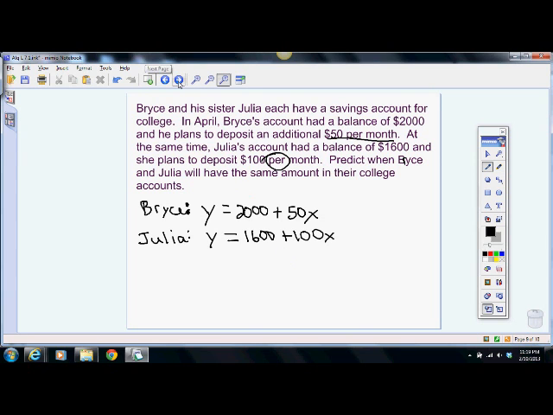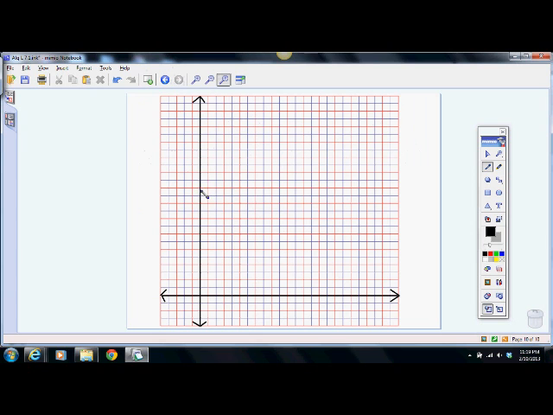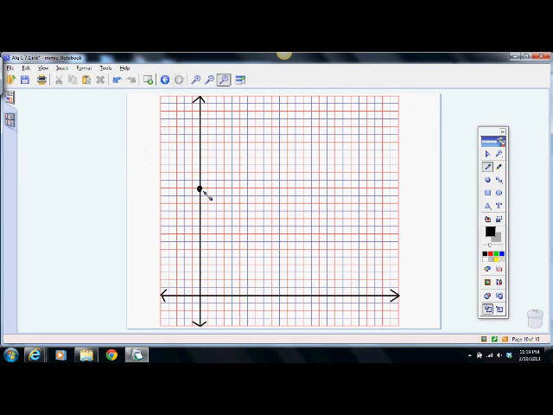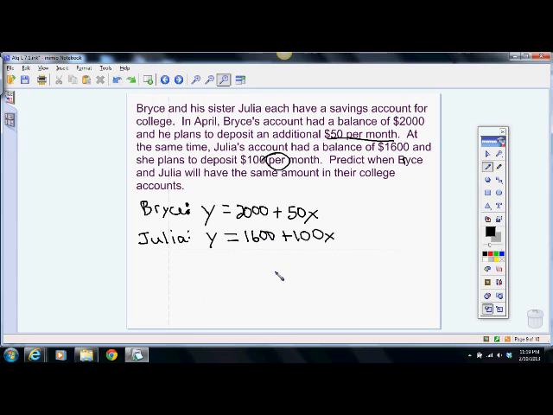So if I were going to draw a graph and I'd plot, I don't know, 2,000 right here, and I'd say, okay, I'm going up 50 over 1, I can't count out 50. That's too high. Now you could, if you recognize each of these going by 50, but then you have to make sure that you're going over by 1. It's not impossible to do, but my advice to you is to maybe make an input-output table for these.